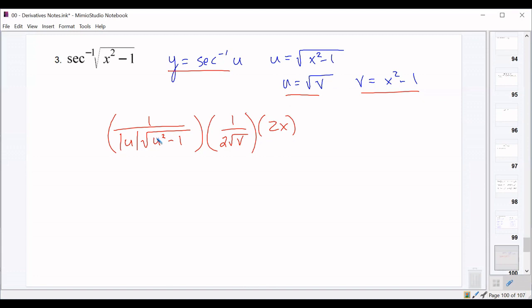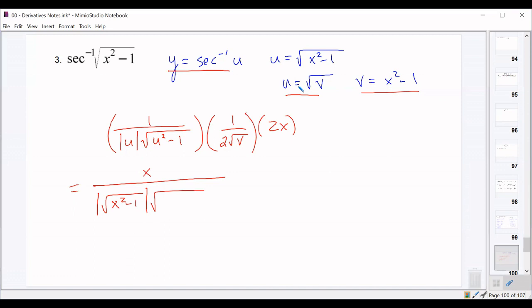As we replace all the u's and v's with their respective terms, we can also cancel out the 2 in the numerator with the 2 in the denominator, which will then leave us with x in the numerator over the absolute value of u, which is the absolute value of the square root of x squared minus 1, times the square root of u squared minus 1.